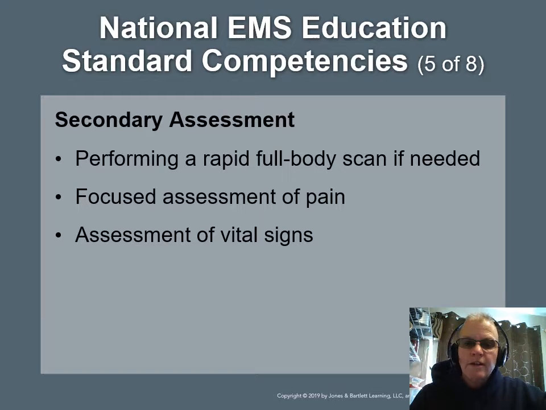The secondary assessment is the full body scan, and helps us to find some of the little things that we haven't found yet in the focused history. It's where we take our vitals, any of our pulse oximetry, blood glucose monitoring, all of those things, along with the assessment of the vitals, the blood pressure, the respiratory rate, the pulse rate, temperature, and skin signs, pupils, those kinds of things.